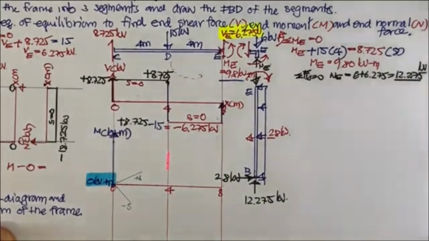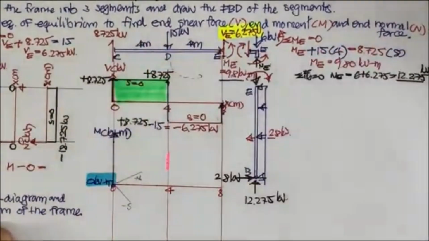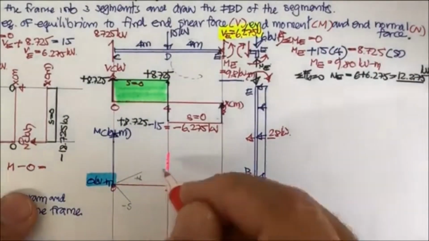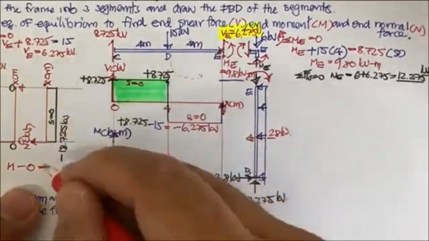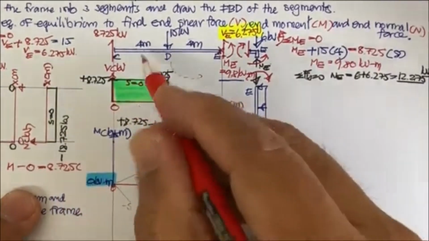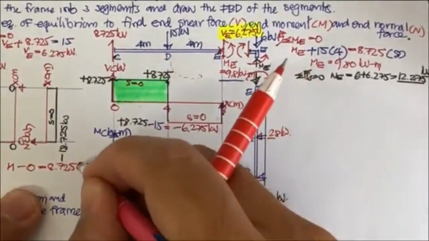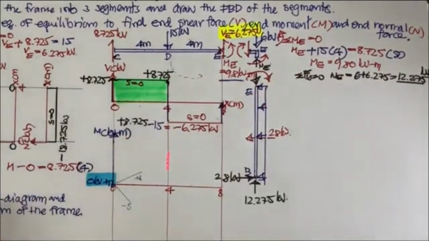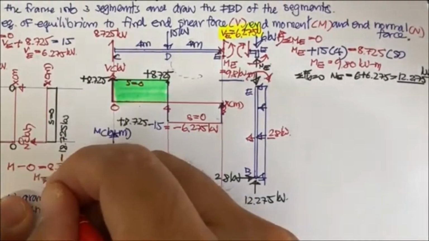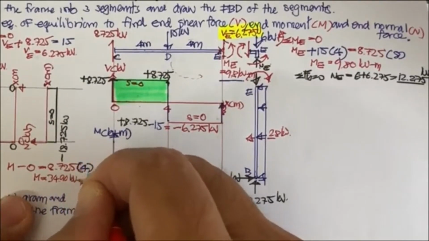So you can just put 8.725 times this one, that is 4 meter, so times 4. Put it into your calculator, and you may get the M here equal to 34.90 kilonewton meter.